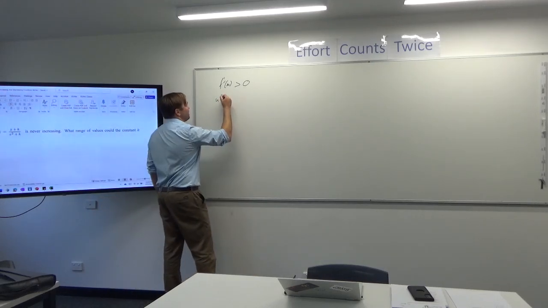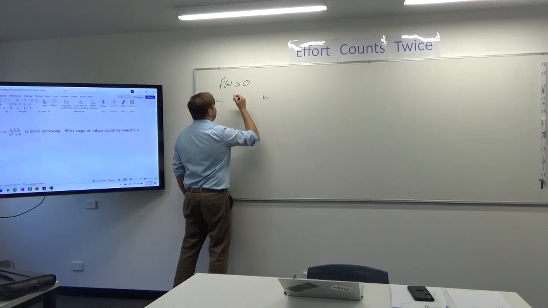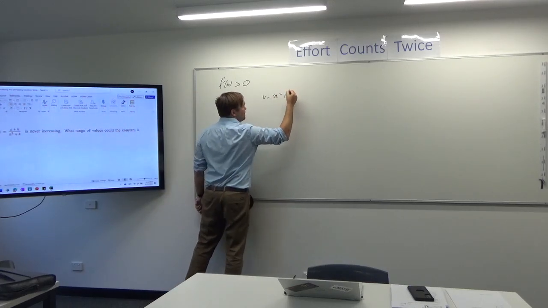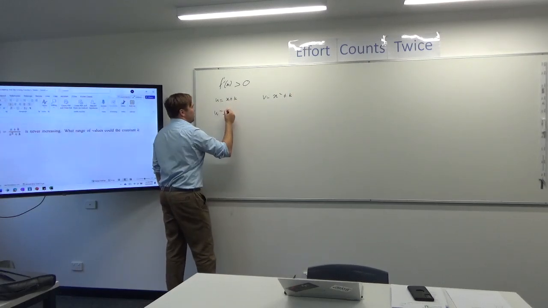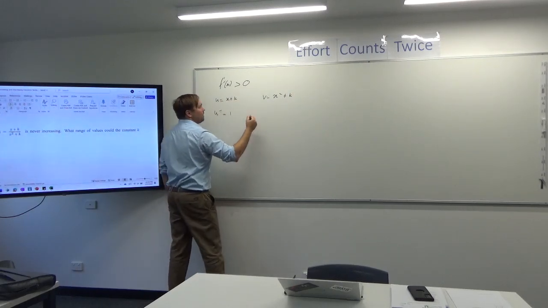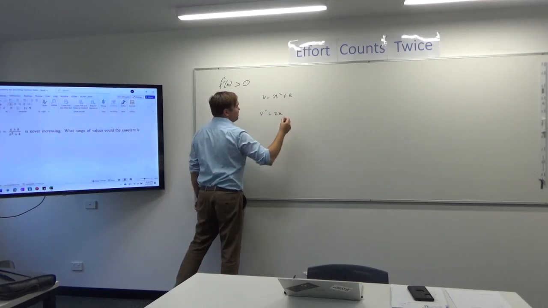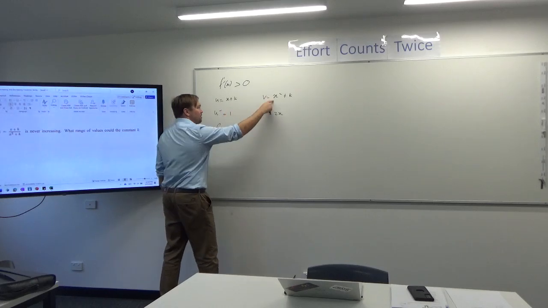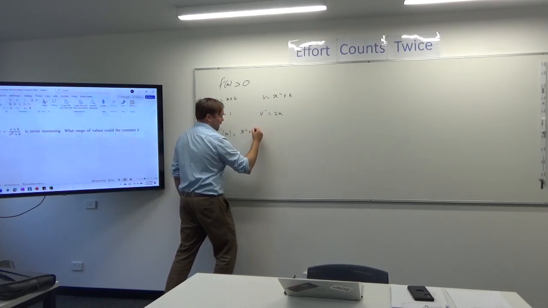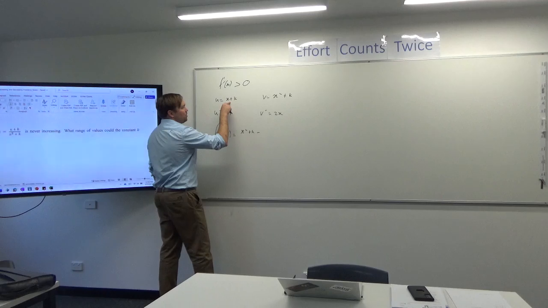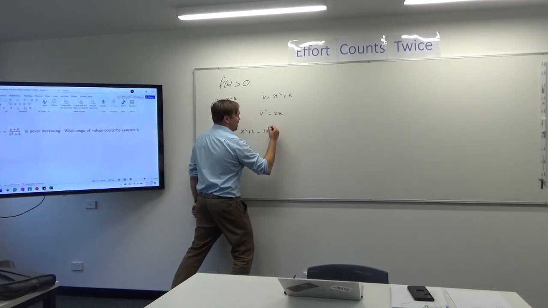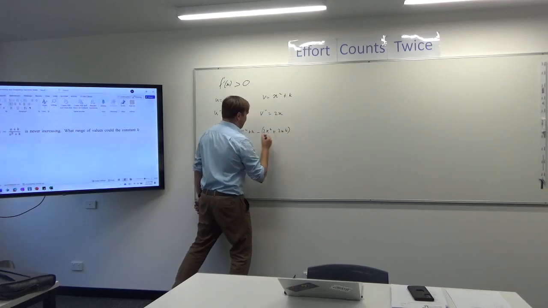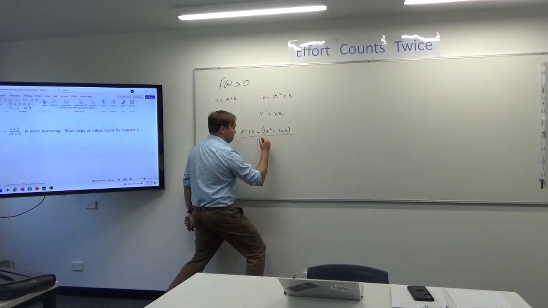A good start is u and v, which is x plus k and x squared plus k. u dash is 1, v dash is 2x. And therefore f dash x is u dash v, x squared plus k, take v dash u, which is 2x squared plus 2xk, over v squared.